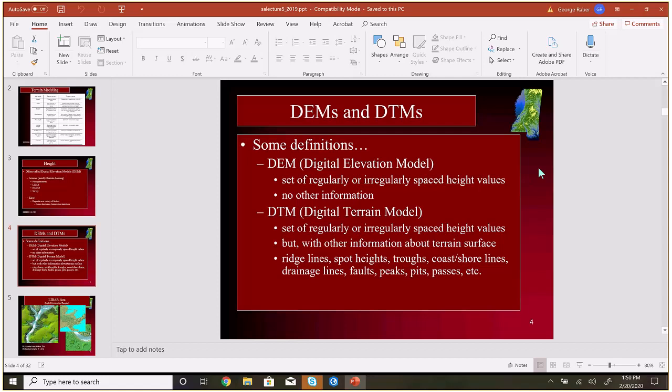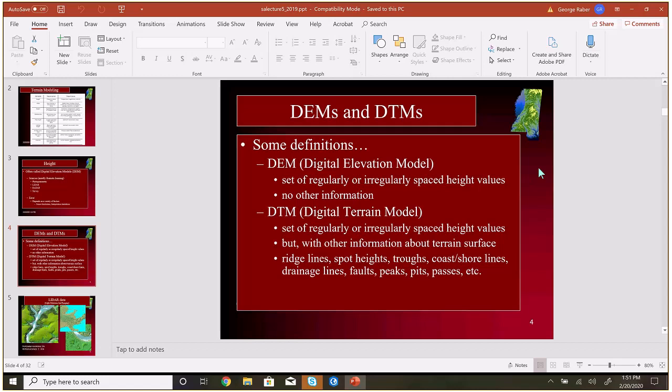A digital elevation model usually assumes that we're talking about the elevation of the Earth without any objects on top of it. I forgot to put that on the slide, but sometimes they actually refer to one that explicitly does not include objects like buildings and trees. Sometimes they call that a DSM, or a digital surface model.